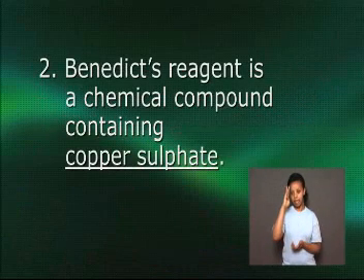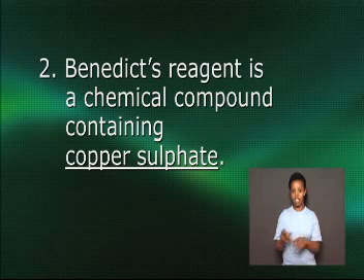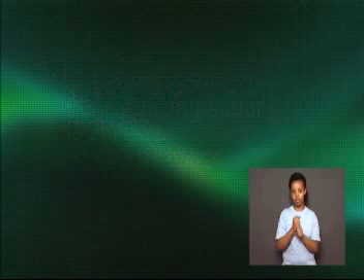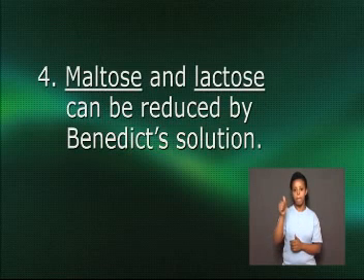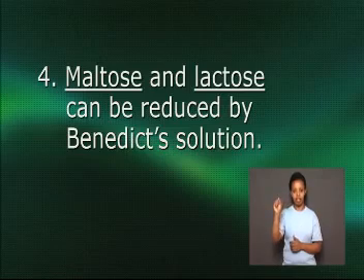Benedict's reagent is a chemical compound made of copper sulfate. The most common non-reducing sugar is sucrose. Maltose and lactose are disaccharides that can be reduced.